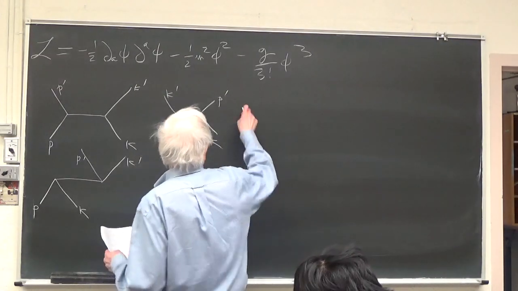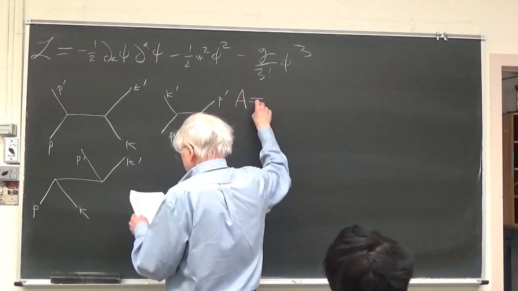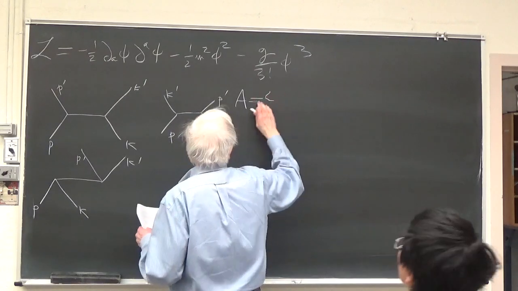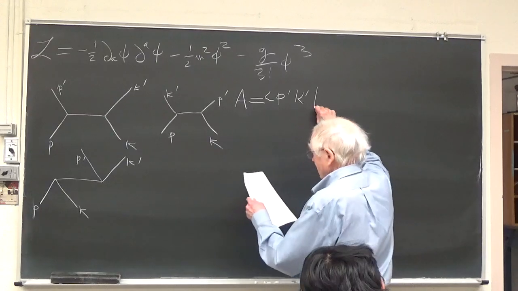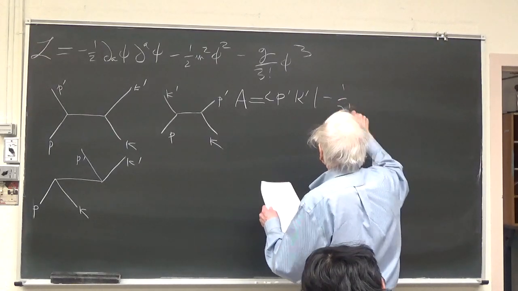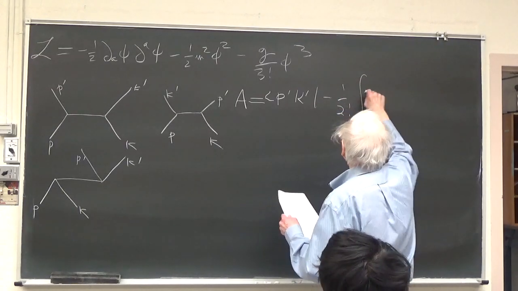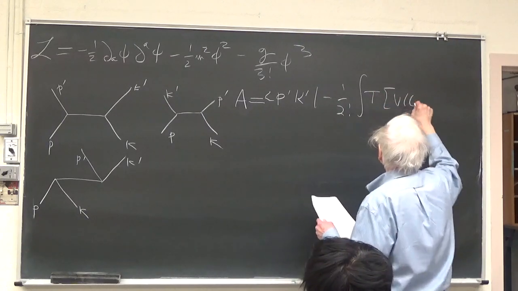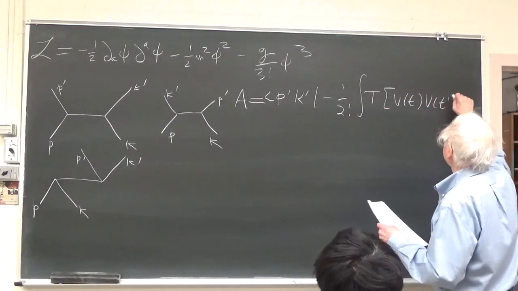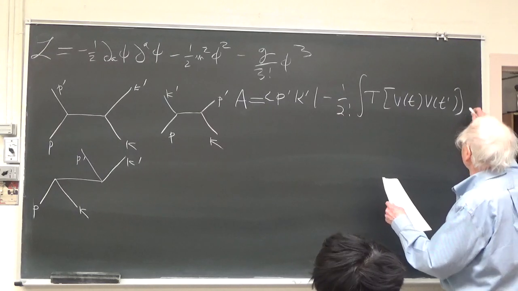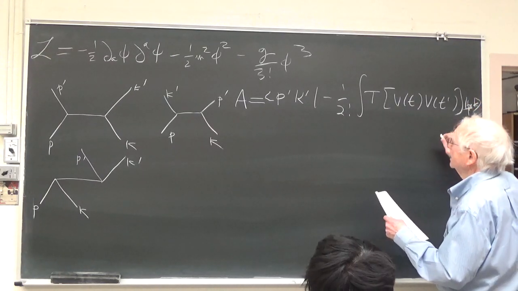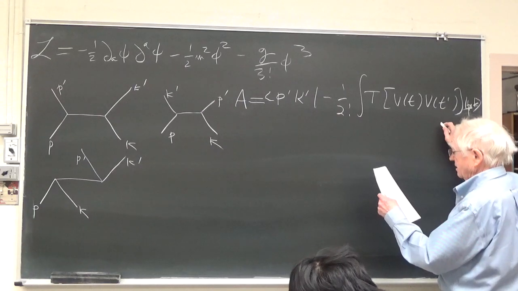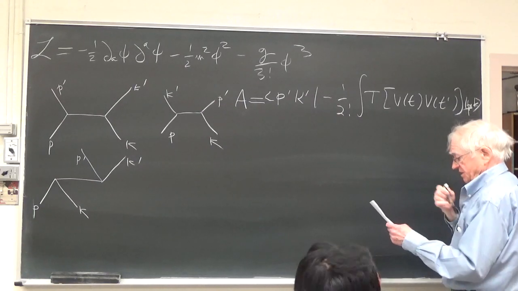So the amplitude for scattering then is the matrix element of p prime k prime, minus 1 over 2 factorial, it's second order, V of t, V of t prime, dt dt prime, between p and k. Oh wow, there's a big typo.